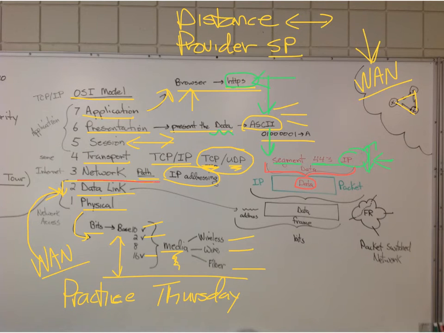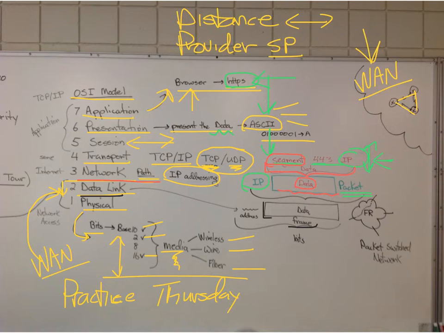At the network layer, they don't care what's in there. They're just worried about adding the IP address, the source and destination, and then it becomes a packet. Up here, it's a segment. Here we refer to it as a packet. And then down here, at the data link layer, we call it a frame.